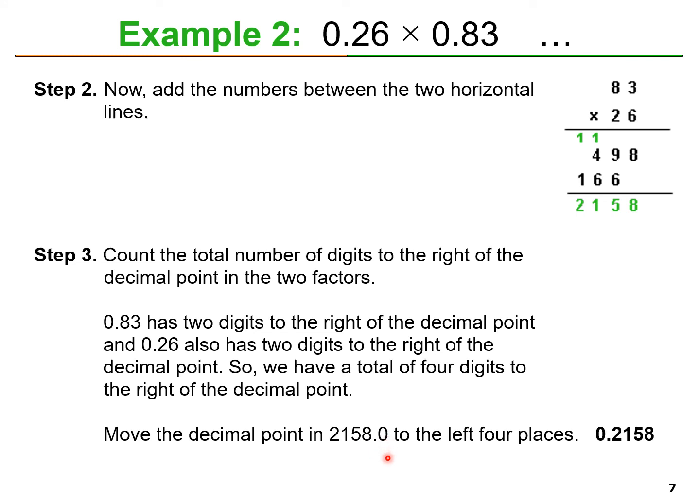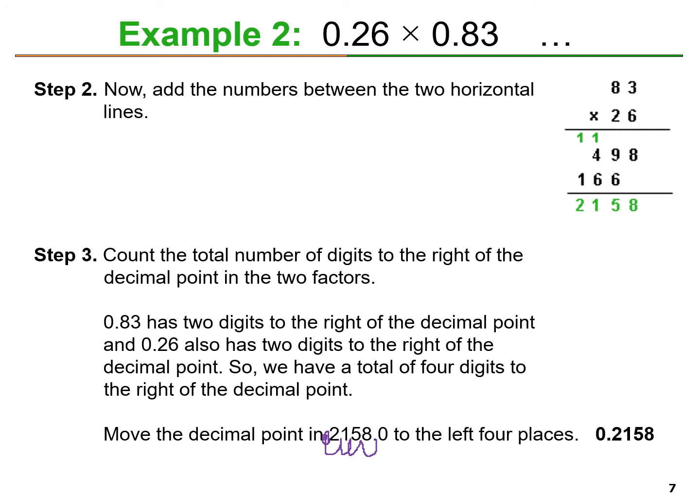And then we move the decimal place to the left 4 times. So let's go ahead and show that. Here's the decimal point. 1, 2, 3, 4. So we put it right here, in front of the 2.